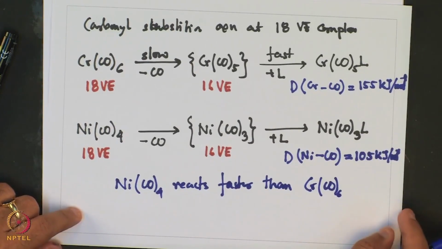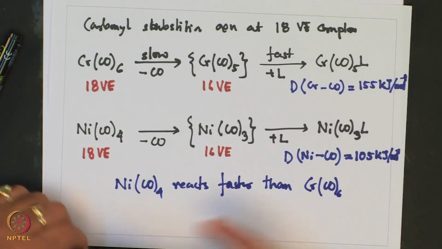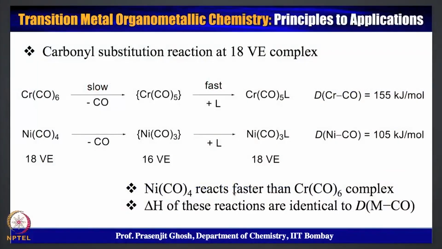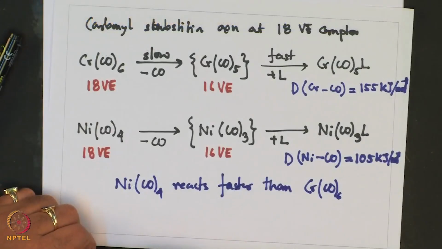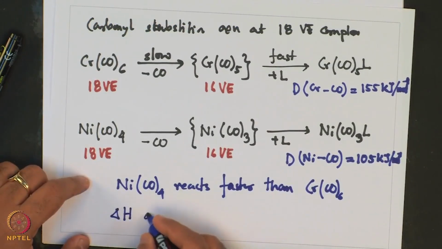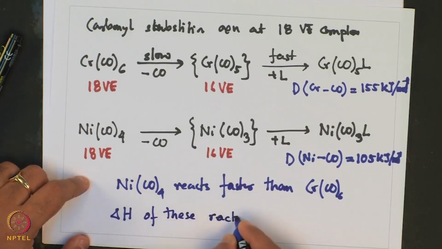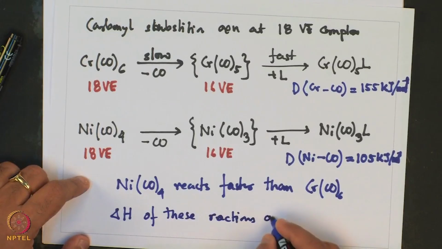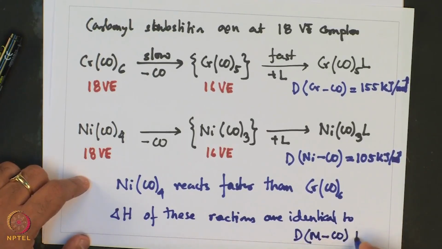Now, one thing which is evident by comparing the reactivity for these two pairs of reactions is the fact that the delta H, the enthalpy change of these reactions, depends on the bond energy of the M-CO bond.